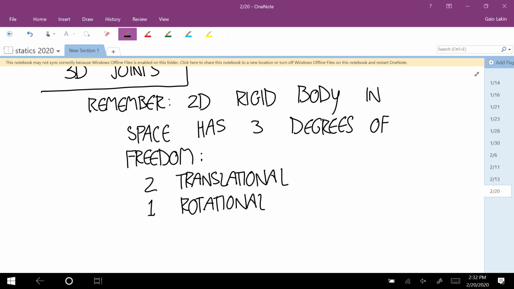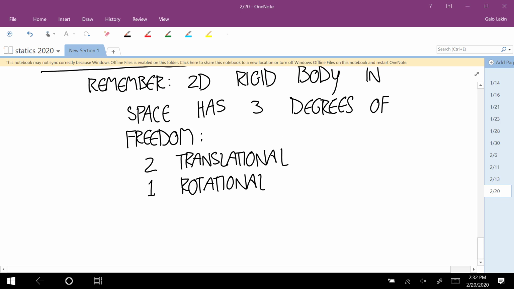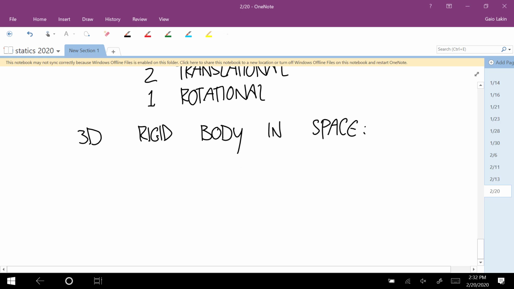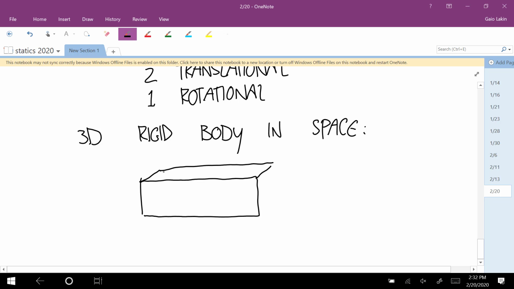So now let's think about a 3D rigid body in space. Okay, so I'm going to draw this sort of block thing. And I'm going to draw a bunch of axes.